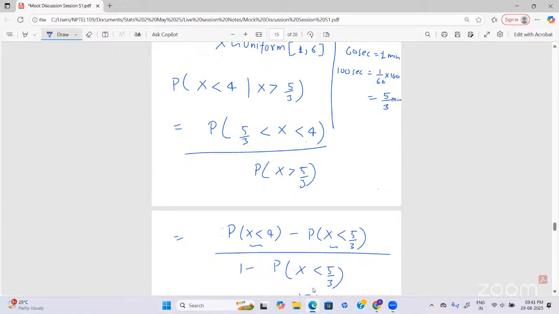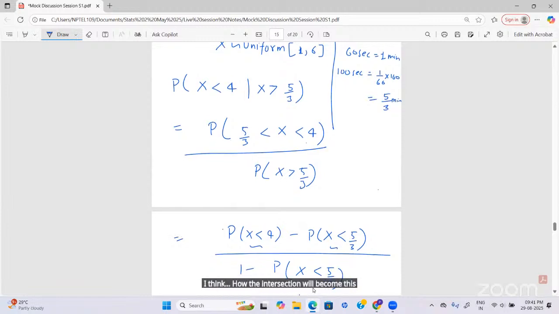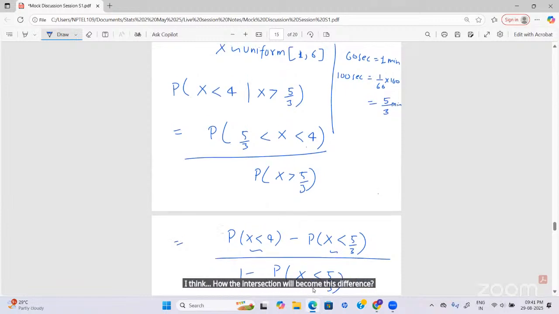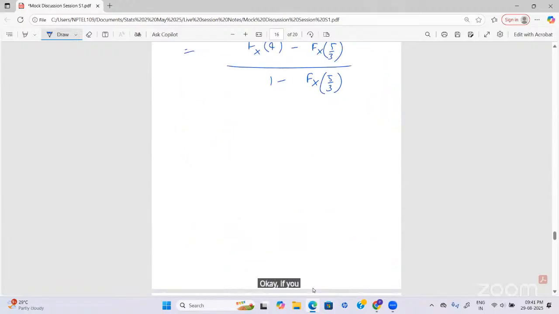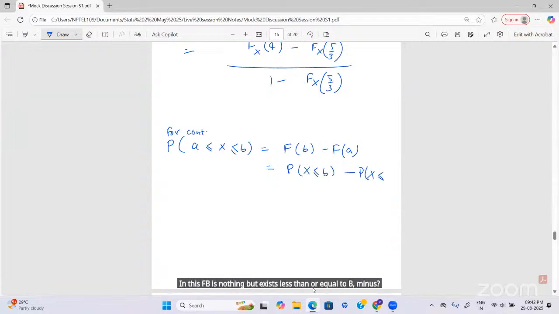How will the intersection become this difference? If you remember the formula, this F(B) is nothing but P(X ≤ B) minus P(X ≤ A).